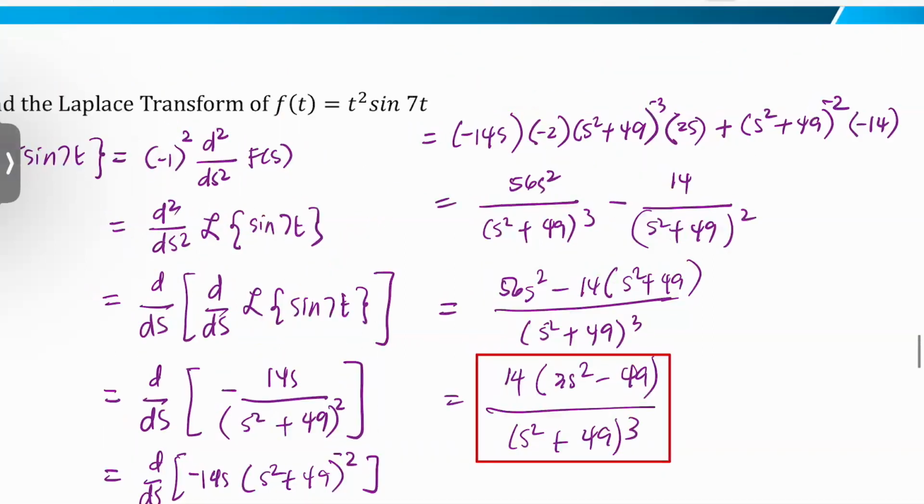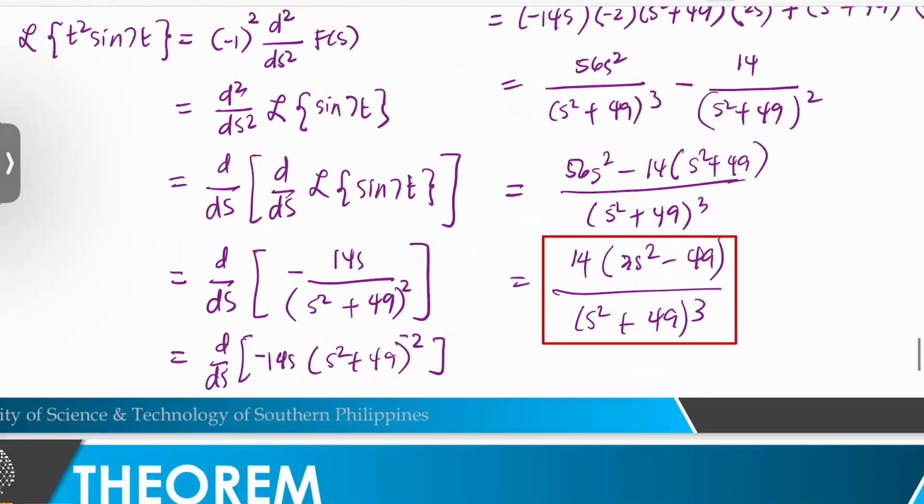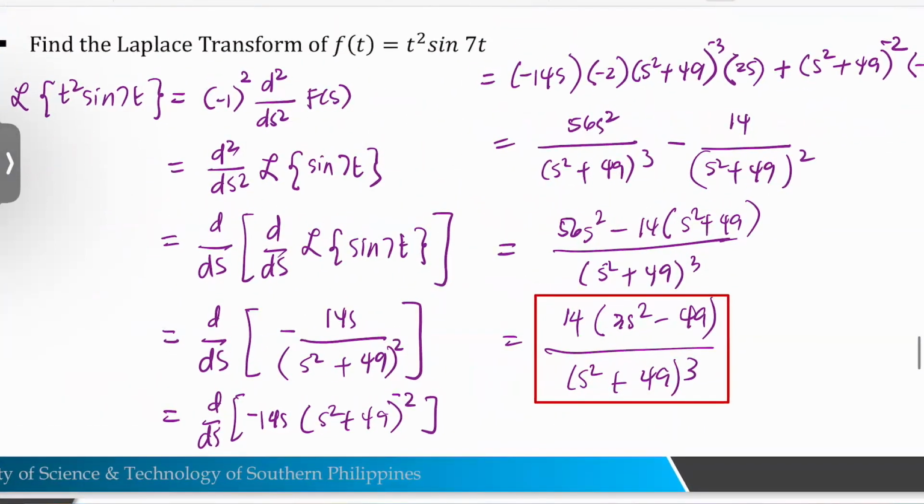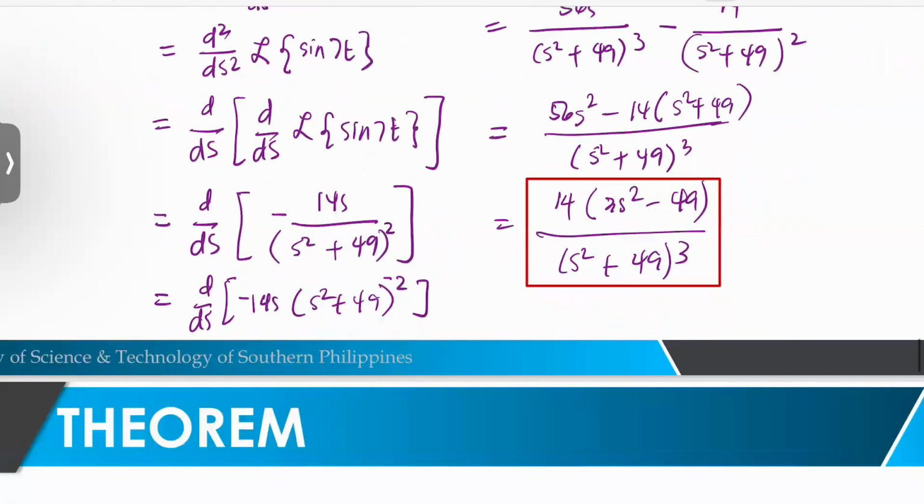Okay, that's for the theorem involving t to the n multiplied by a certain function. Now, what happens, class, if we multiply e to the t, the exponential function, times t?